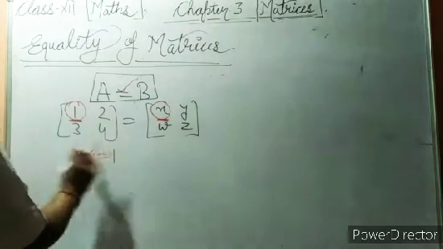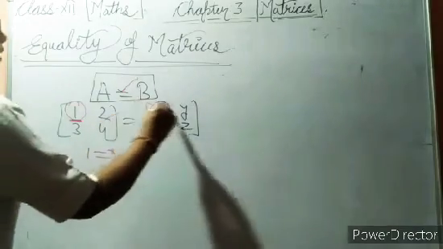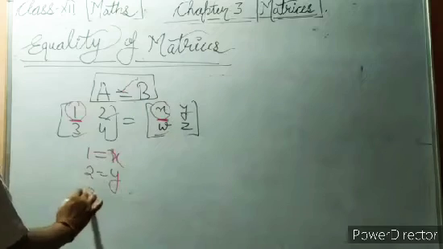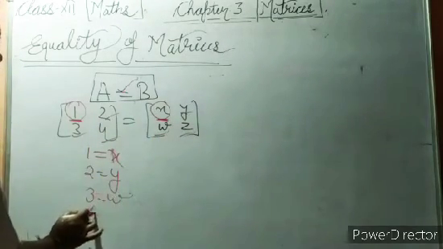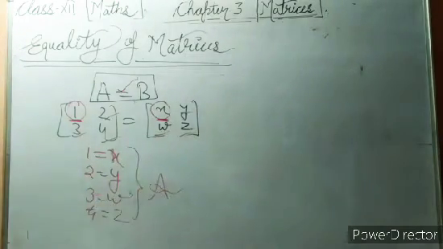Here we write 1 is equal to x. In the same way 2 is equal to 5, 3 is equal to w and 4 is equal to z. So that is the answer. Like that we will solve, but A equal to B means the elements in the same places are equal.